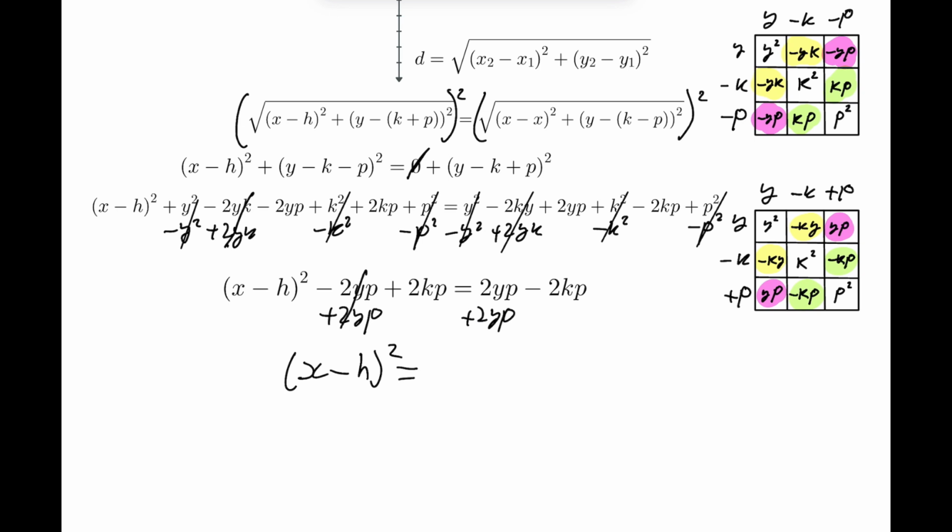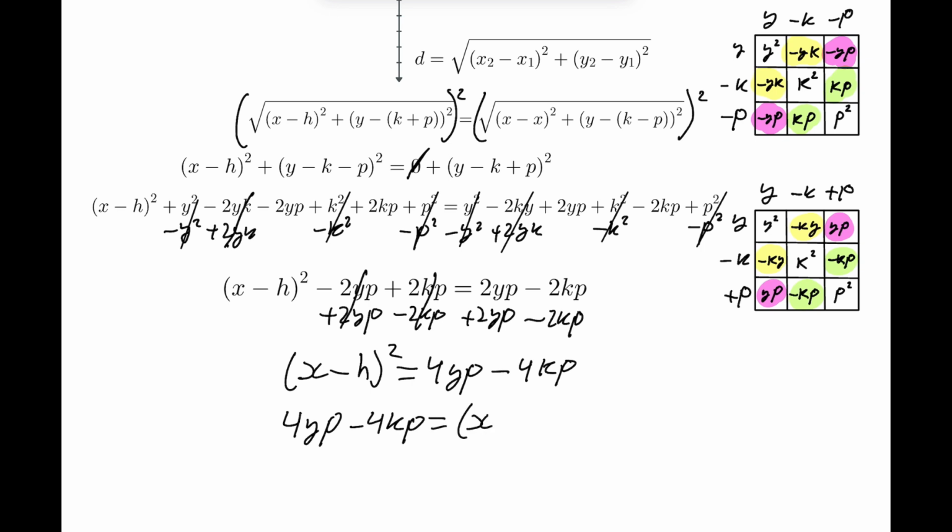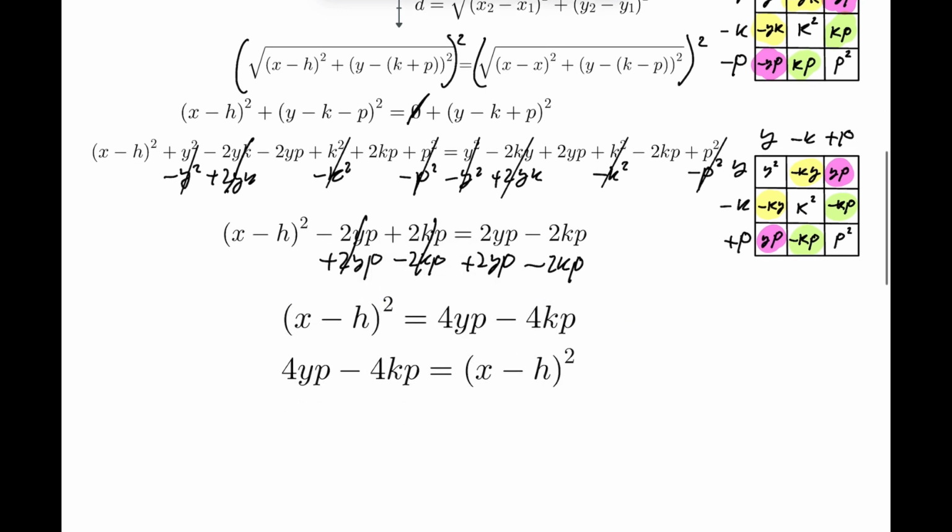So that's going to cross out here, but over here we get 4yp, and subtract 2kp from both sides. So it's going to be minus 4kp. And before we do anything else, I'm going to switch those sides. So we're just rewriting it so that the left and right side have swapped. That will put it in the form that we expect to see.